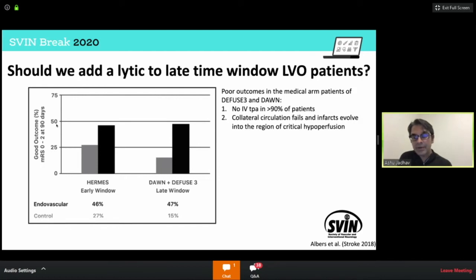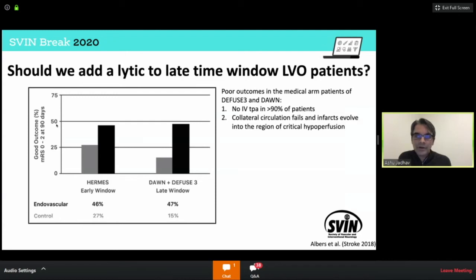But in the late time window, maybe it doesn't matter, if you save an hour, it doesn't really make a big difference. And certainly if you look at the data of spoke versus hub hospitals that were treated in DEFUSE 3 or in DAWN, there was no difference in patients that were presenting to the spoke hospital or the mothership first. And that's different from the early time window studies.